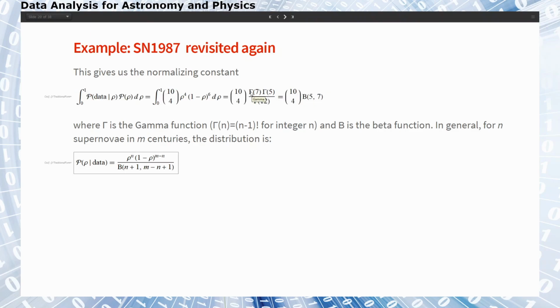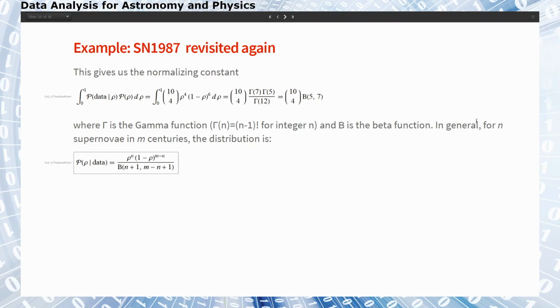A gamma function can be envisioned as the generalization of the factorial for non-integer numbers, and the beta distribution can be expressed in terms of this gamma function.